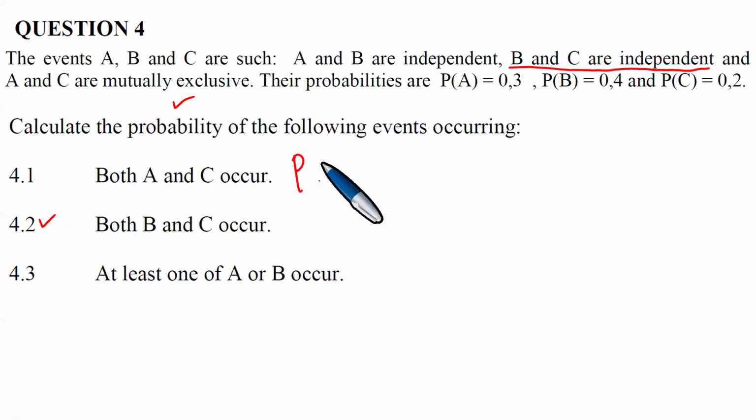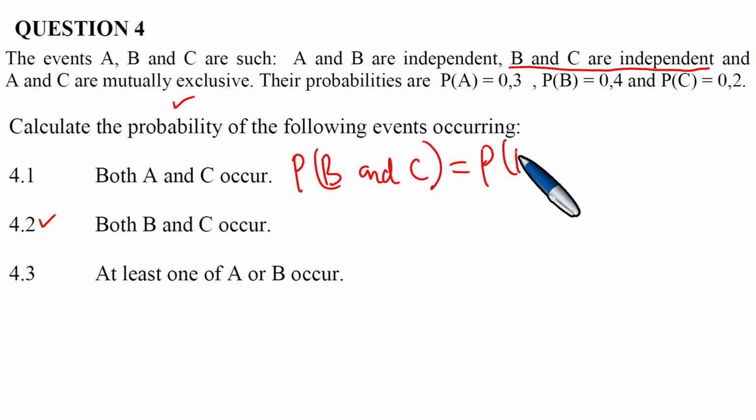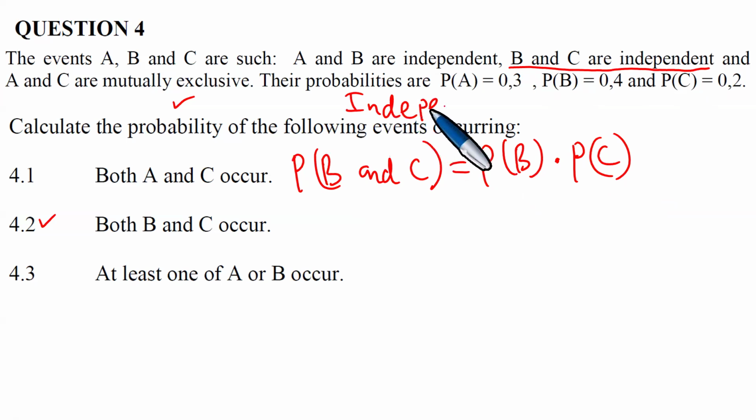We know that the probability of B and C is equal to the probability of B times the probability of C. Why is this true? It is because the events are independent.